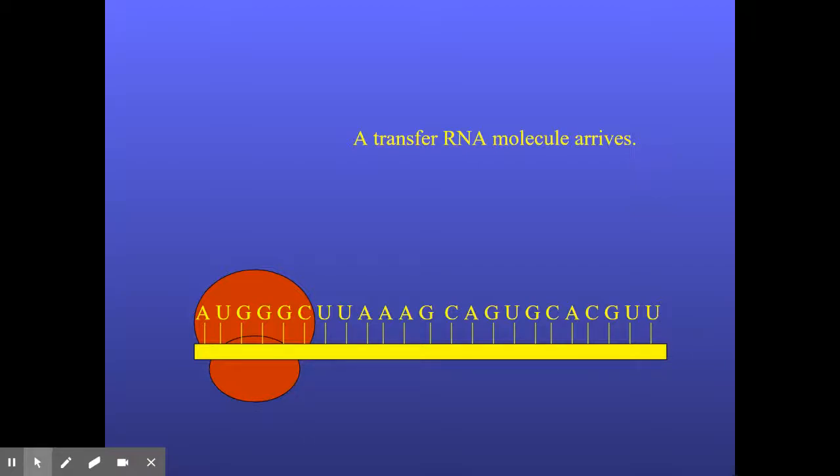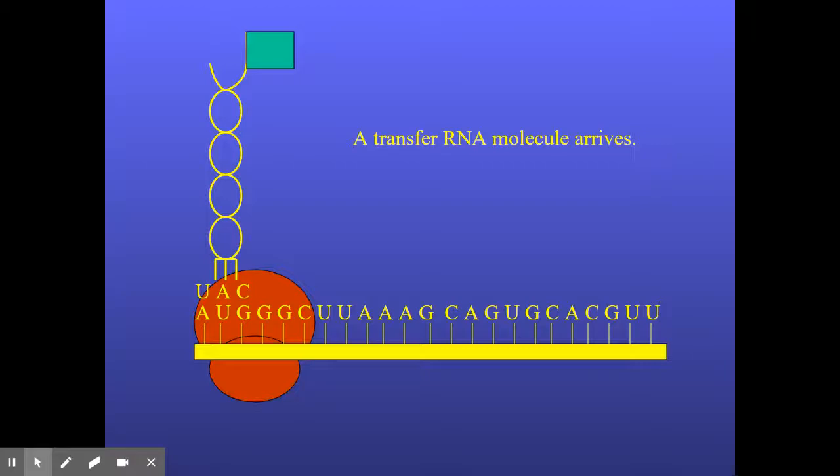Step 2, tRNA arrives. They are called tRNA because they're transfer RNA, but they actually have this little T-like structure, so they kind of look T-ish. And if you notice at the top, this guy up here is going to be an amino acid.